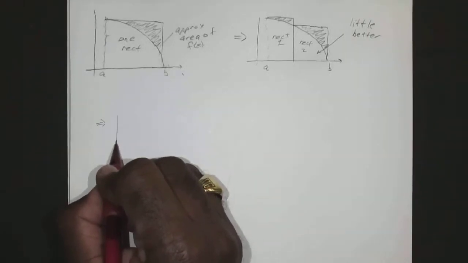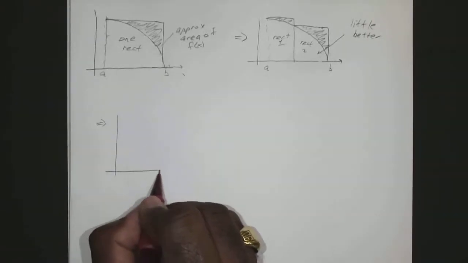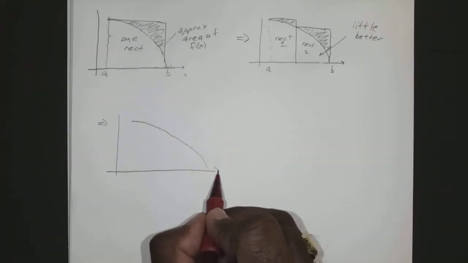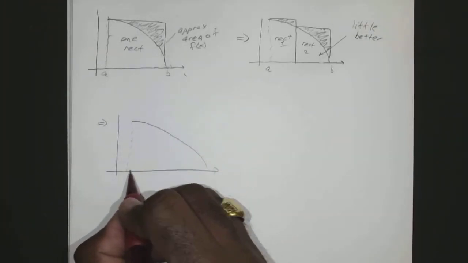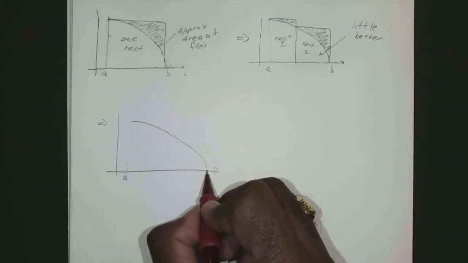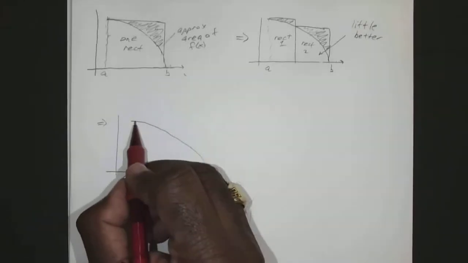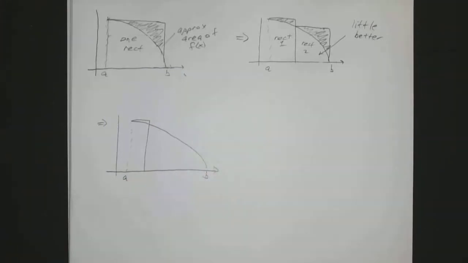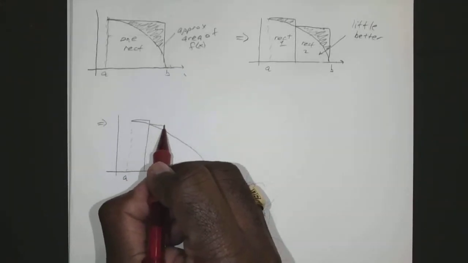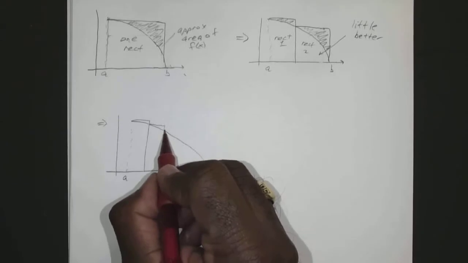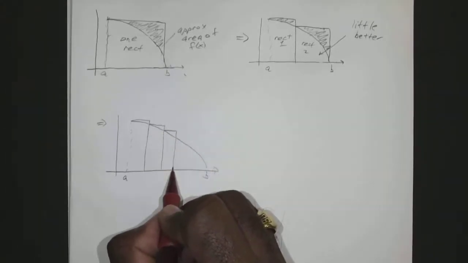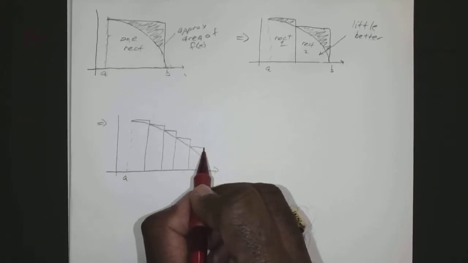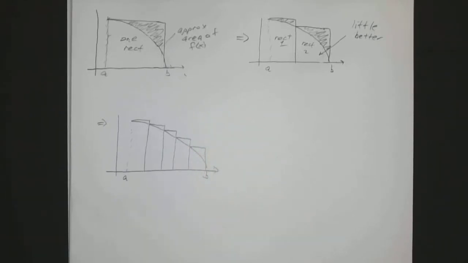Okay, so if we had 5 rectangles, again, we get our same, and we go from A to B. And since we're going over, we'll have 1 rectangle, 2 rectangles, 3 rectangles, 4 rectangles, and 5 rectangles.